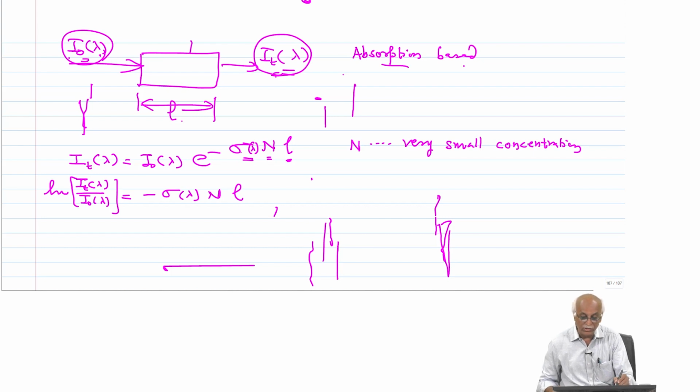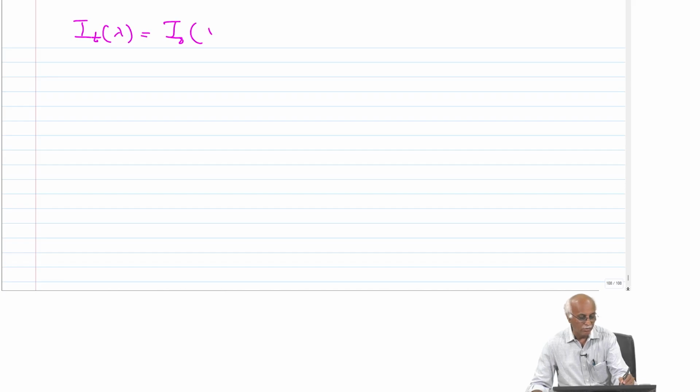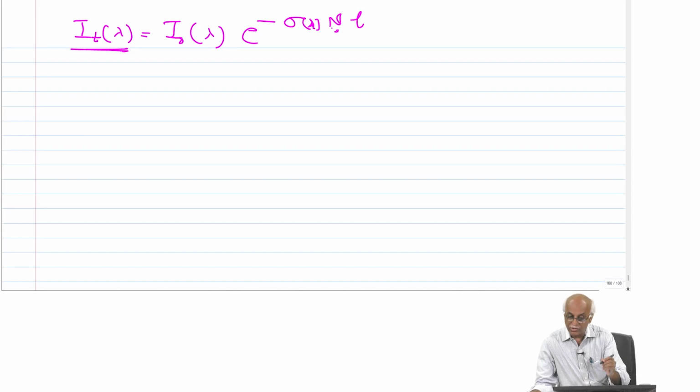So, to improve this, the obvious approach would be, if I rewrite this equation, I_t(lambda) upon I_0(lambda), in order to improve this measurement resolution, the change in transmission intensity should be large enough, then we will be able to easily estimate this small concentration change as well.